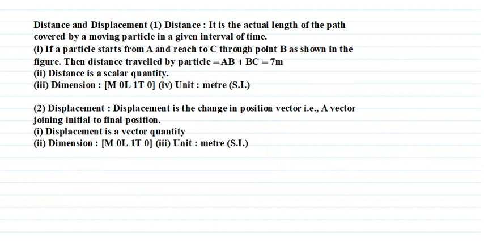Scalar quantities are those quantities which have only magnitude, like length, like distance, like time. All these quantities have only magnitude. So if you have to describe a scalar quantity, then you just need numbers.